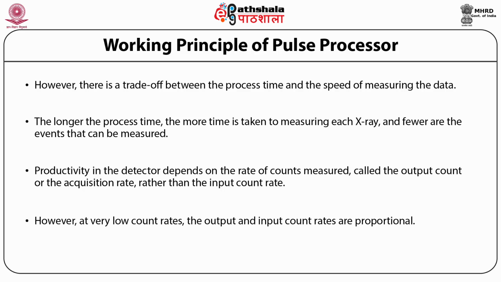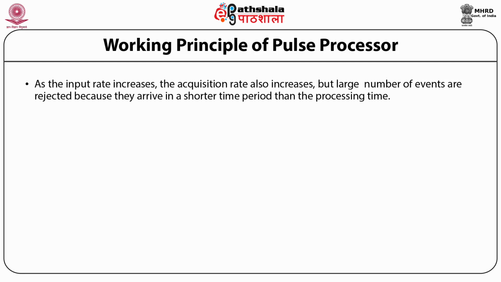However, at very low count rates, the output and input counts are proportional. As the input rate increases, the acquisition rate also increases, but a larger number of events are rejected because they arrive in a shorter time period than the processing time. This phenomenon is termed pulse pileup.